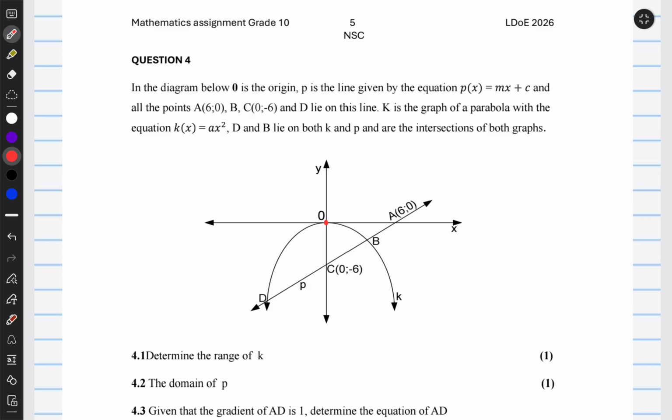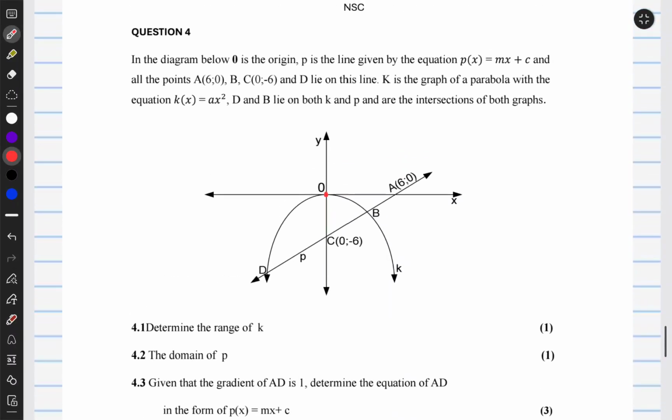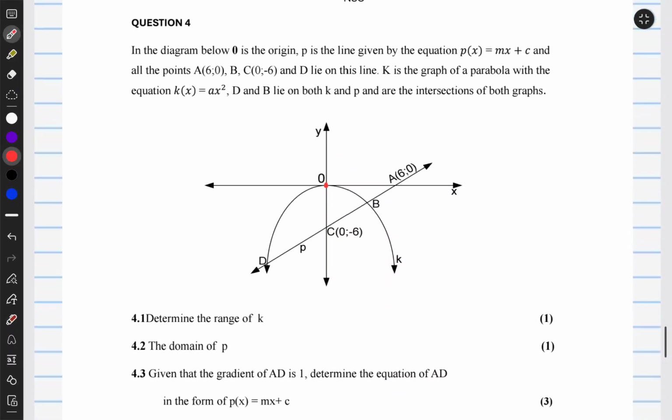And another thing, the value of a, since the parabola is facing downward, is going to be negative. Okay, and then D and B lie on both K and P, so they lie on both the straight line and the parabola, at the intersections of both graphs.